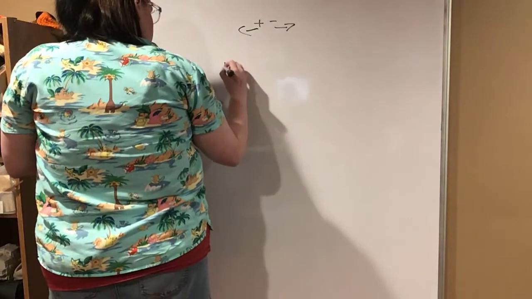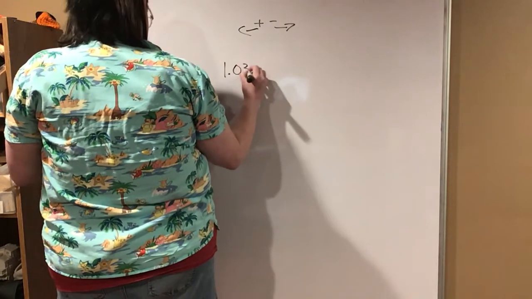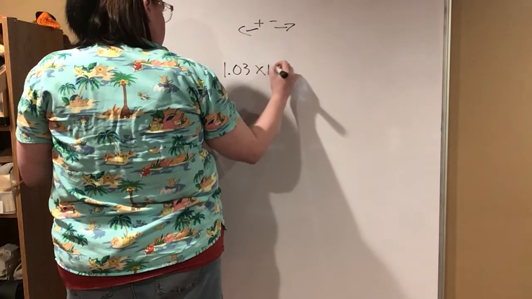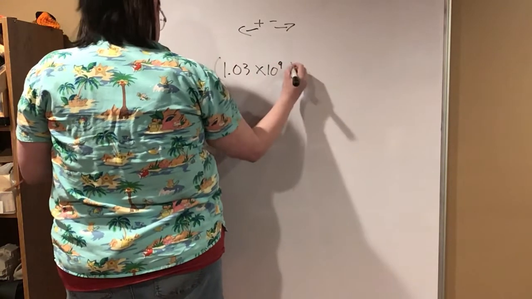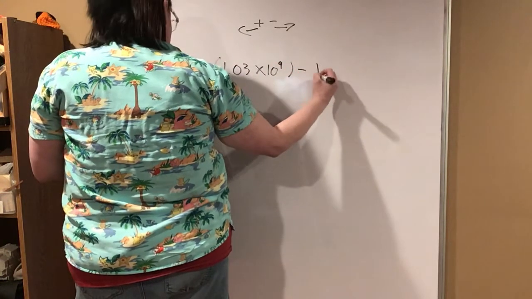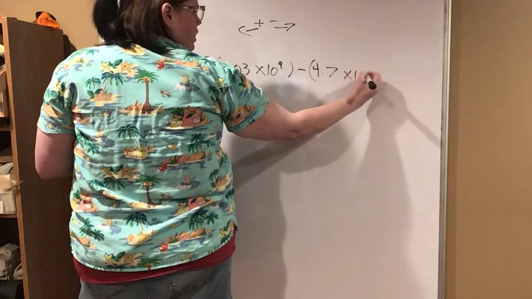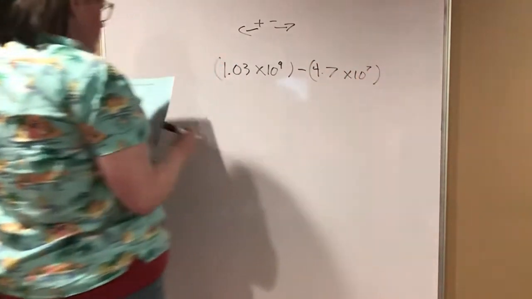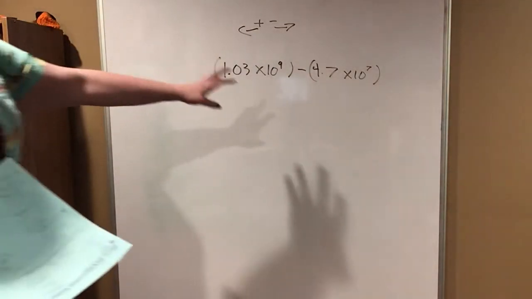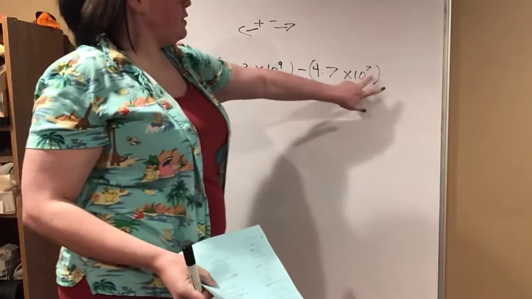So if I'm given 1.03 times 10 to the 9th minus 4.7 times 10 to the 7th. So let's look at this guy and we'll be like, okay, so I have a 9 and I have a 7.